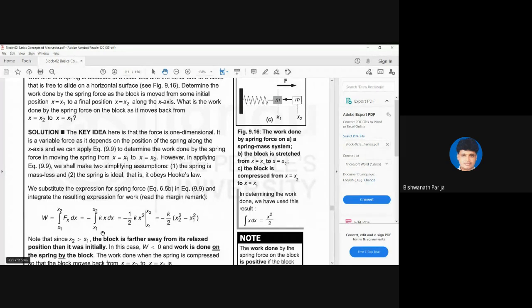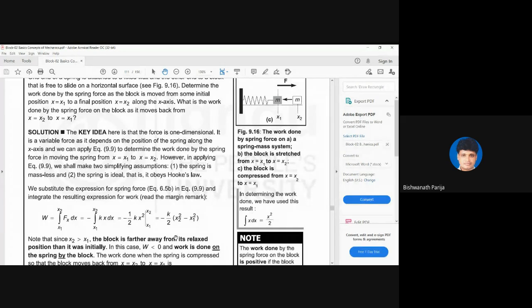This is the work done due to compression or elongation of the spring. Spring work done is always negative, because in elongation or compression the work is done by the opposing force, the spring force. The spring opposes your applied force. The spring force is always opposite to the direction of displacement of the spring.